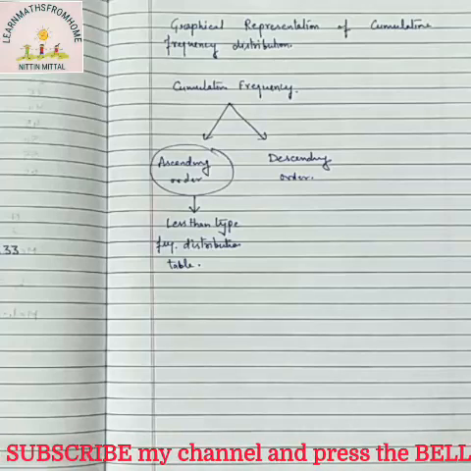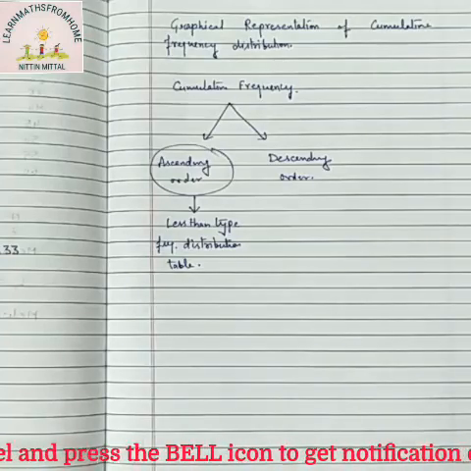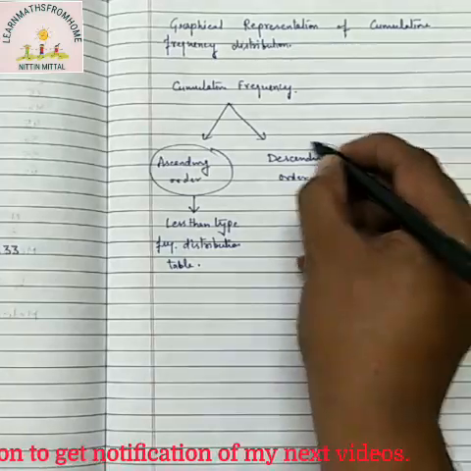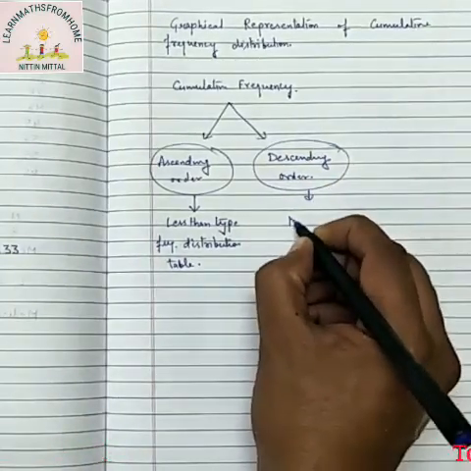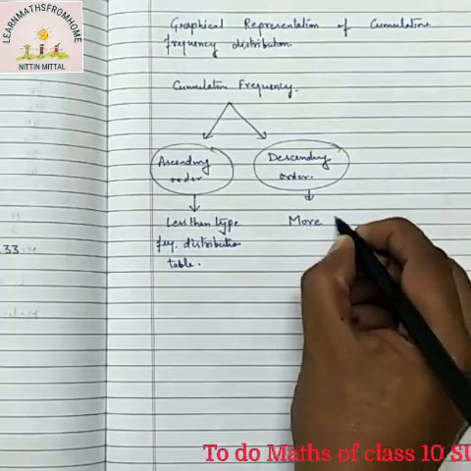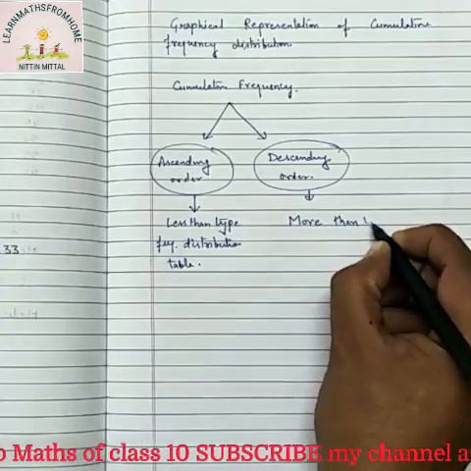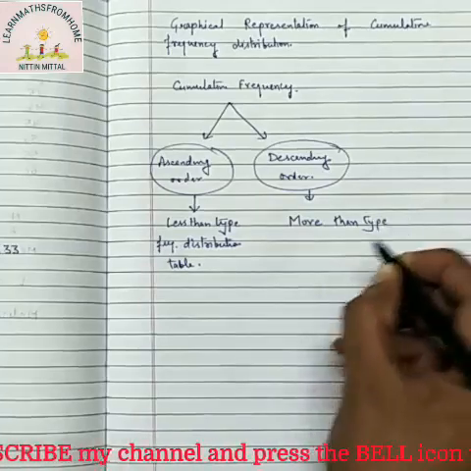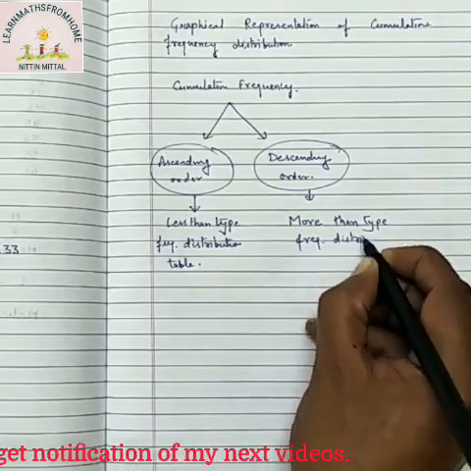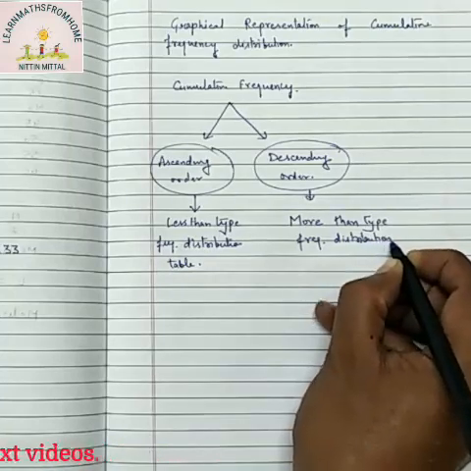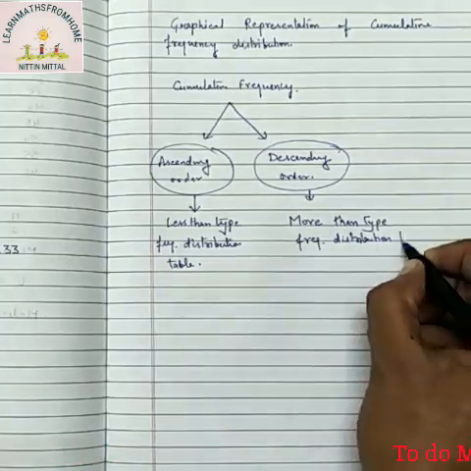And cumulative frequency in descending order can be obtained by converting it into more than type frequency distribution table.